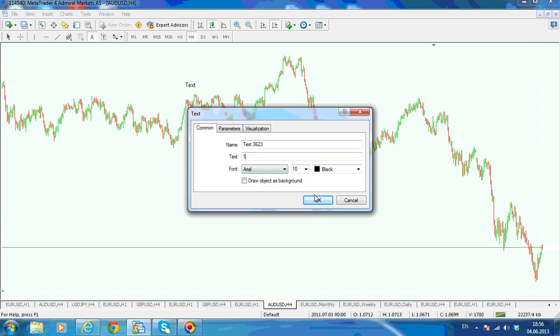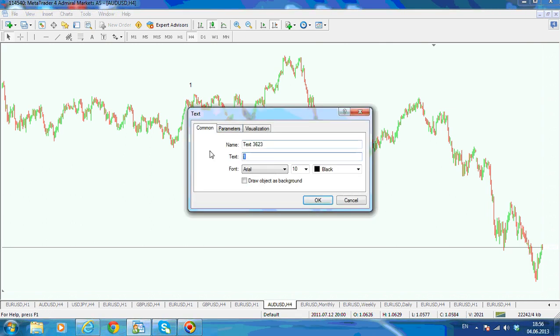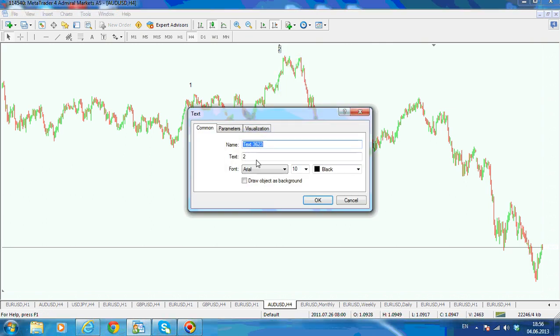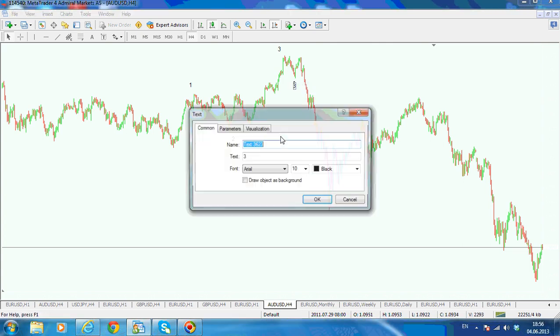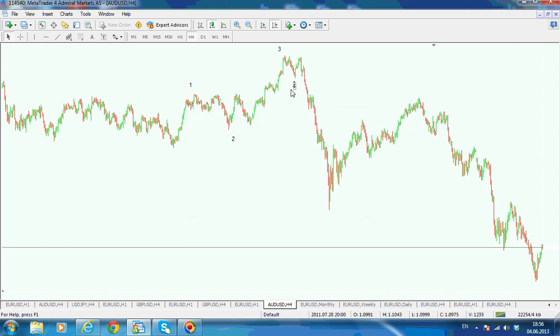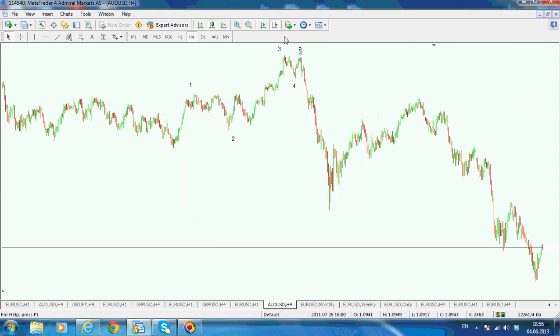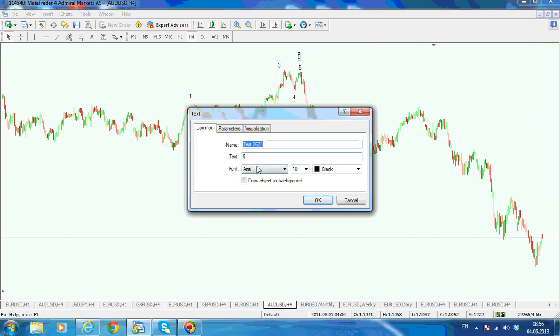So 1, 2, 3, and then fourth wave, and then this to be a fifth wave for the move to the upside, and this whole structure 1, 2, 3, 4, 5 to be only the end of a different degree, for example, a fifth wave to the upside, but of a higher degree.